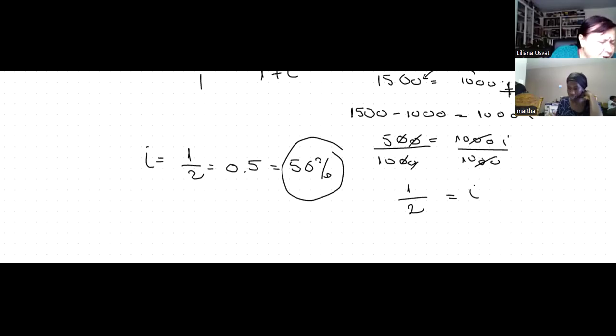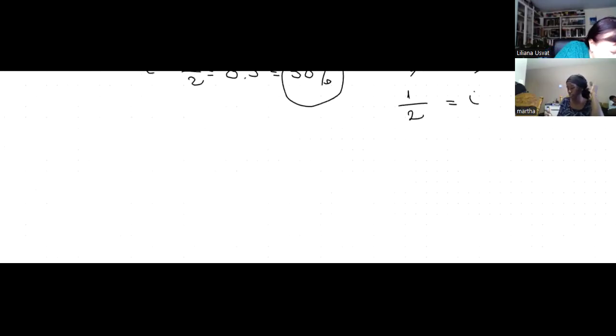Problem number 4. Draw the mapping diagram from the given data.